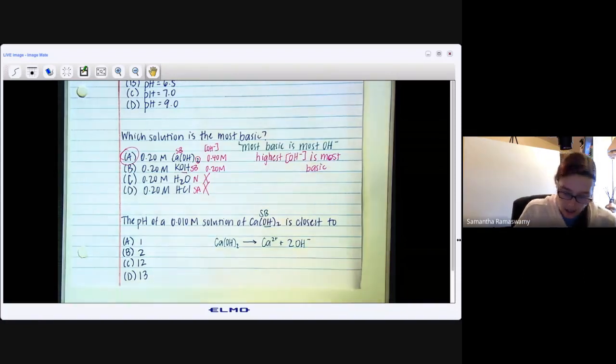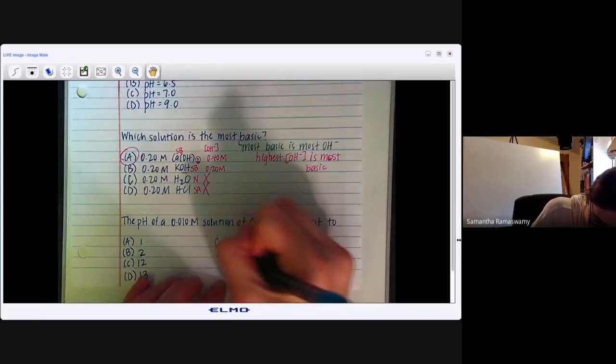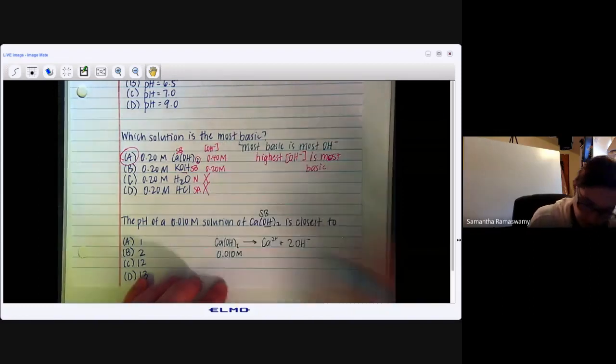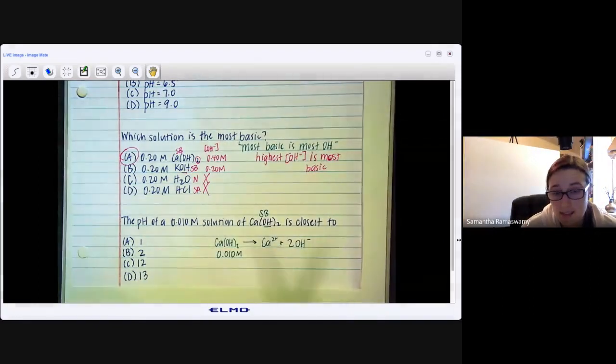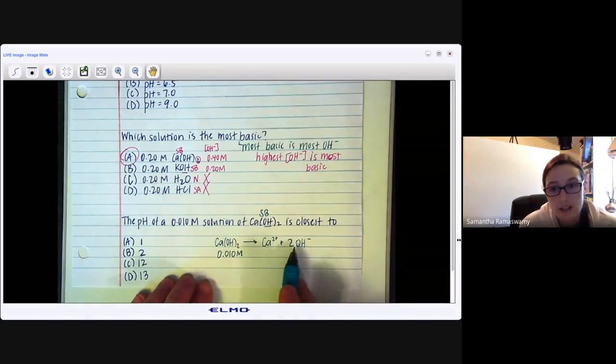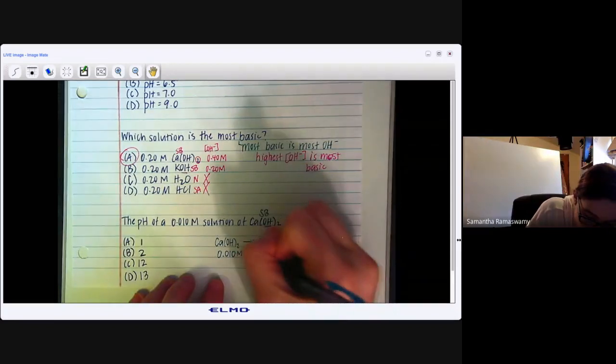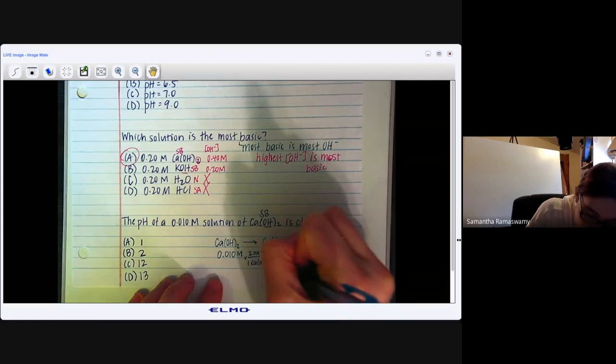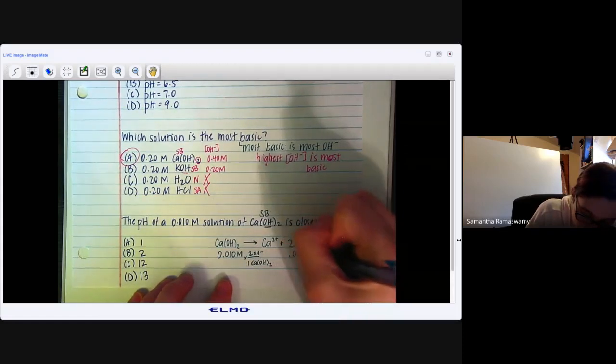So if this is 0.010 molar, think about what that means. There's twice as many OH-. So 2 OH- for 1 calcium hydroxide, there's 0.020 molar OH-.